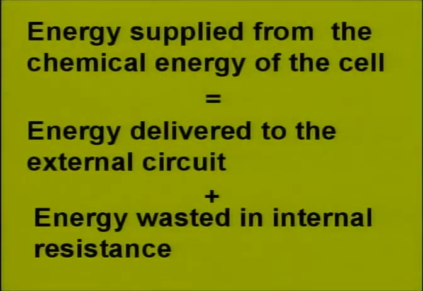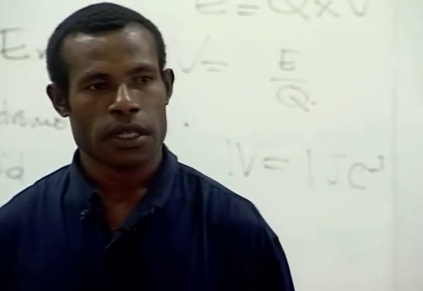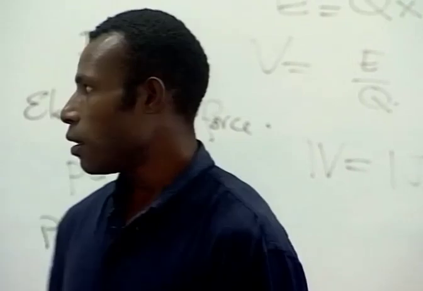Much of it is heat energy. When you connect wires to a cell, you'll find that as long as it lasts for a certain amount of time, the wire becomes hot. That shows that energy is lost because there is some difficulty for the current to flow through the circuit.